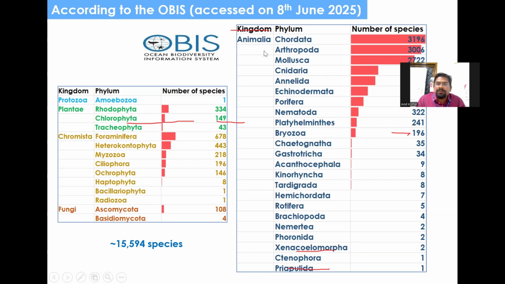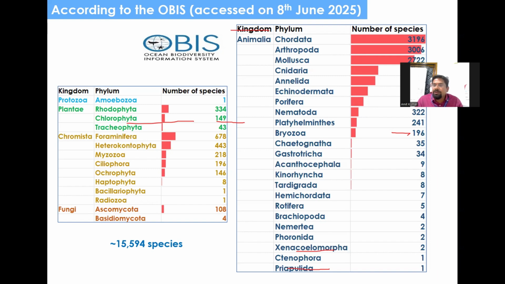And that comprises, you can see, one species of the Amoebozoa phylum in the kingdom Protozoa; 334 Rhodophyta, 149 Chlorophyta, and 43 Ochrophyta in the kingdom Plantae; followed by, if we look into the kingdom Chromista, again the dominance of Foraminifera followed by Heterokontophyta, with 678 and 443 species.